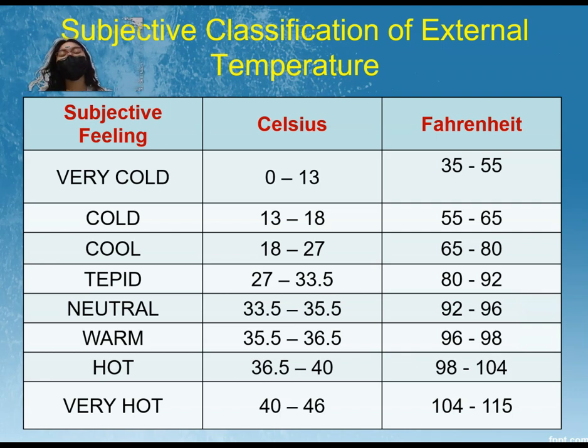Okay? So, very cold 0 to 13, cold 13 to 18, cool 18 to 27, tepid 27 to 33.5, neutral 33.5 to 35.5, warm 35.5 to 36.5, hot 36.5 to 40, very hot 42 to 46.